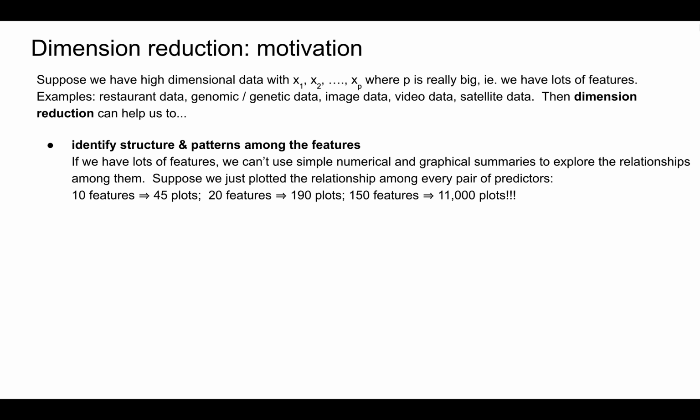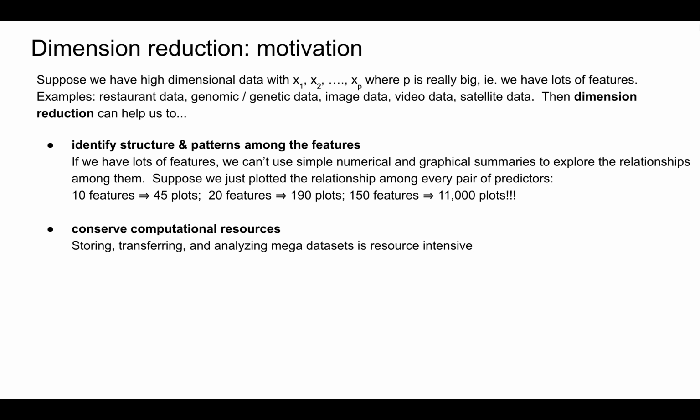For example, suppose we merely wanted to plot the relationship among every pair of features in a dataset. Now, examining 10 features would require 45 plots. Examining 20 would require 190 plots. And if we had 150 features, we would need to make more than 11,000 plots in order to look at every pair.